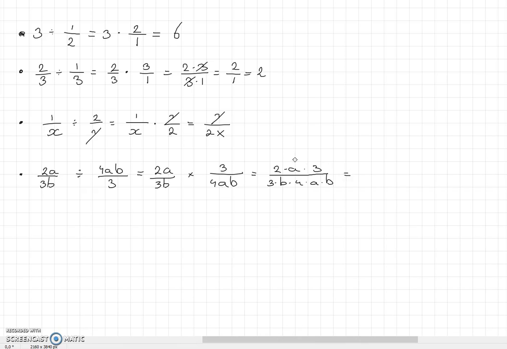We can see that we can divide both the numerator and the denominator by 3, and we can divide them both by a. Thirdly, we can divide them both by 2, then this becomes 1 and 4 becomes 2. Then we're left with 1/2b squared. There's 2 left from the 4 and then 2 more b's, so 2b squared.